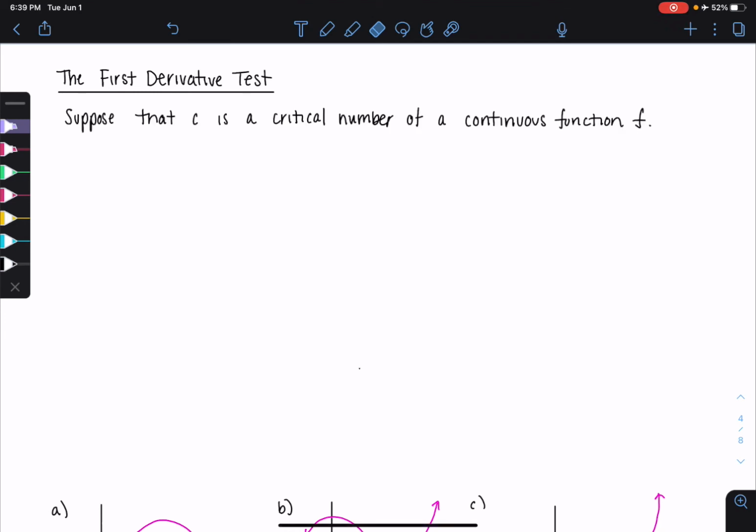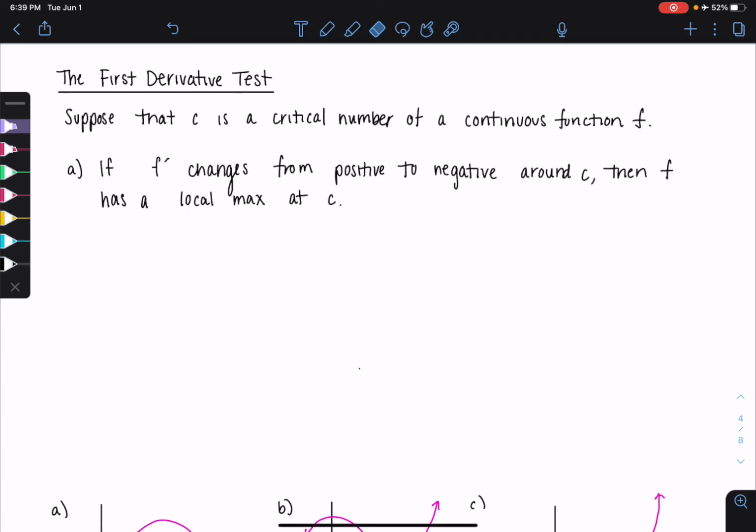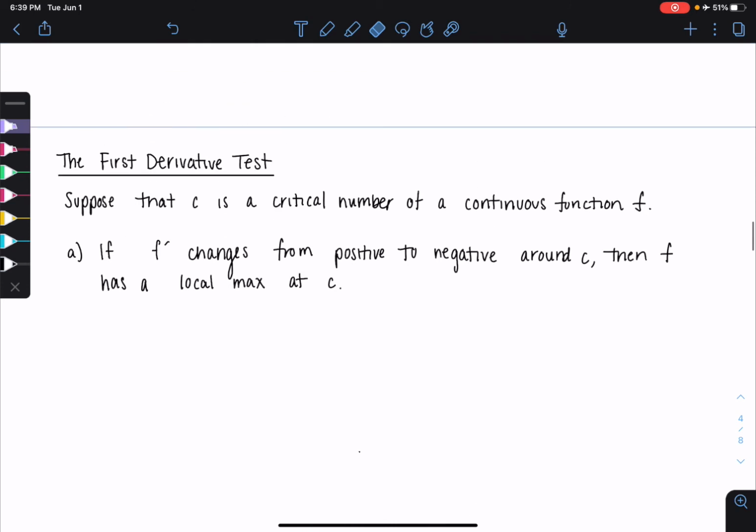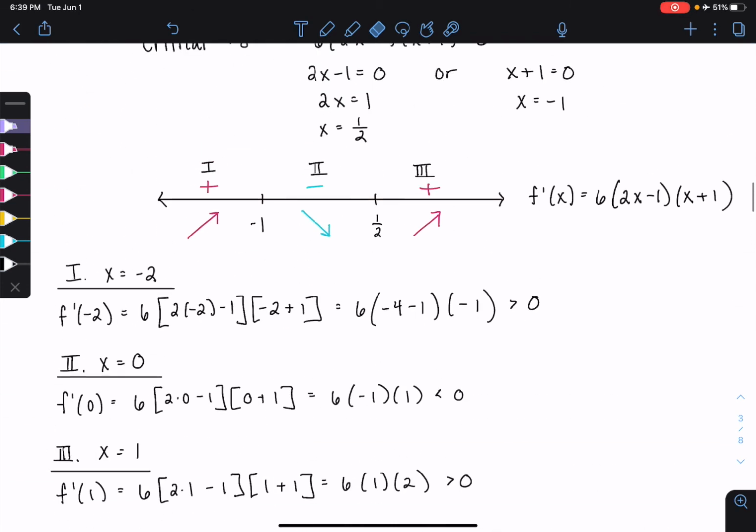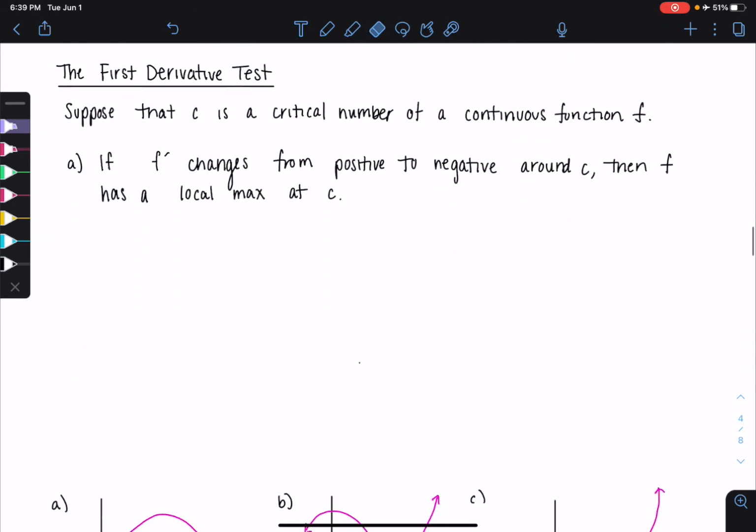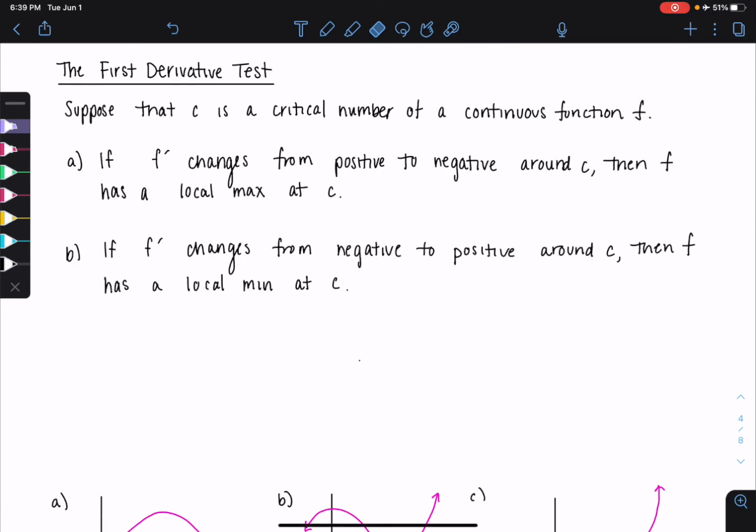So suppose that c is a critical number of a continuous function. If your derivative changes from positive to negative around c, then you're guaranteed that a local max happens at c. So just like this case, your derivative goes from positive to negative, creates that shape of a local maximum. For the second part, if it goes from negative to positive around c, then it'll be a local minimum.